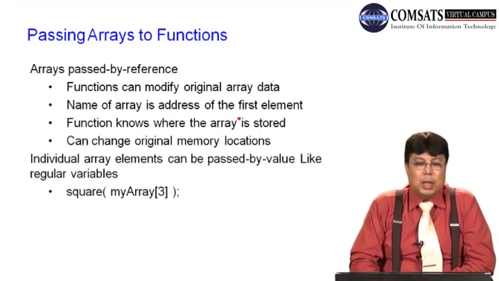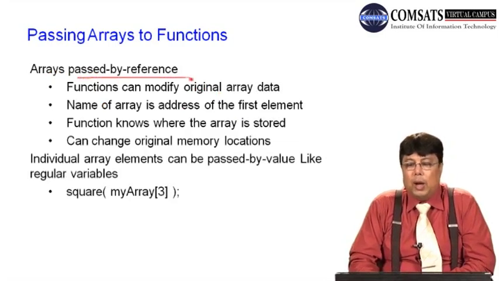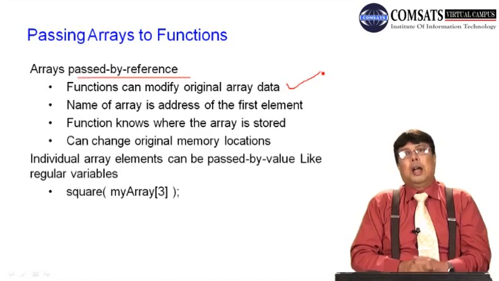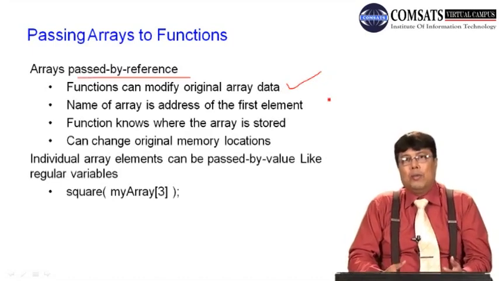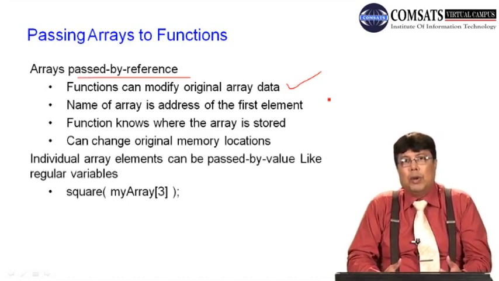We can pass an array by using the technique called pass by reference. The function can modify the original data. Do you remember when we passed reference variables to a function, it means we pass the address of the variable to the function.